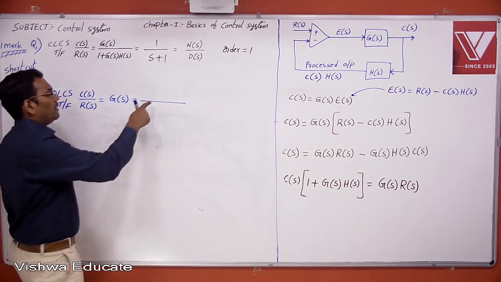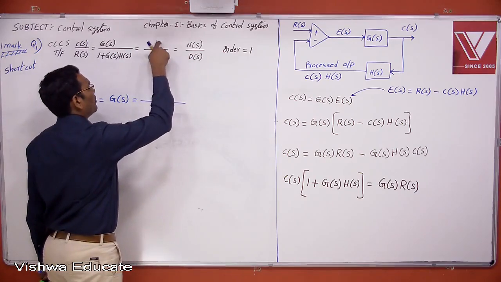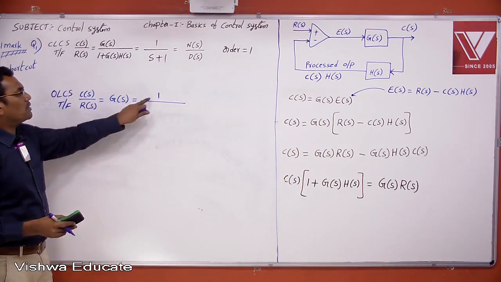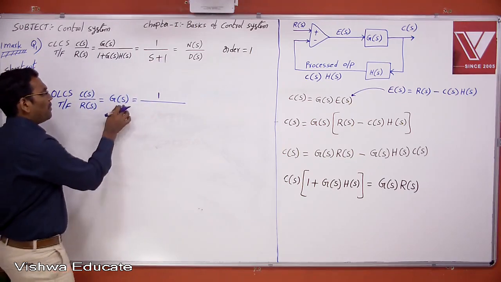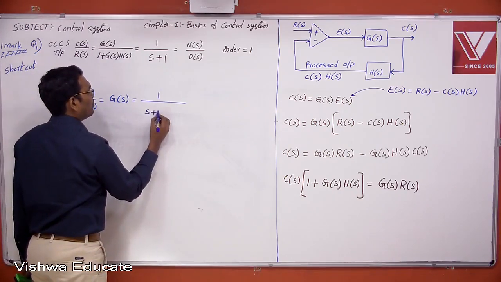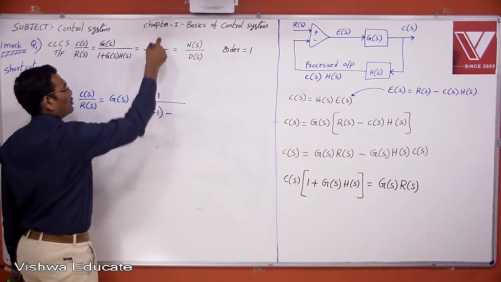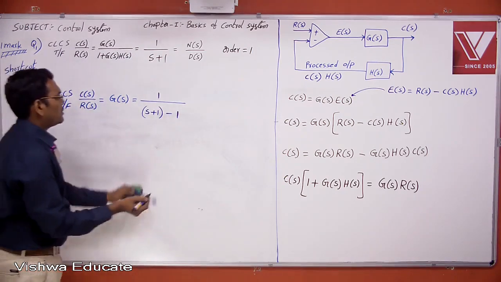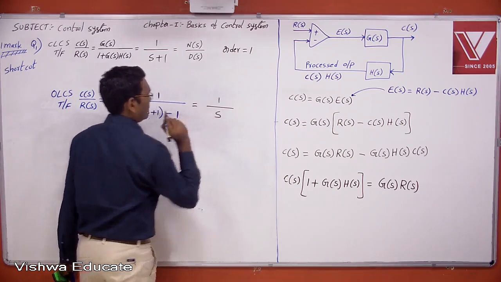The numerator of the open loop control system is the same as the numerator of the closed loop control system, and the denominator of the open loop is the denominator of the closed loop minus the numerator of the closed loop. That is nothing but the open loop transfer function directly, which is 1 by s.